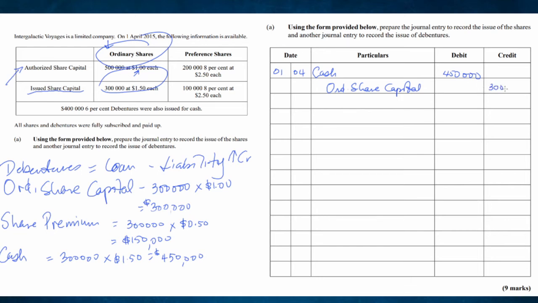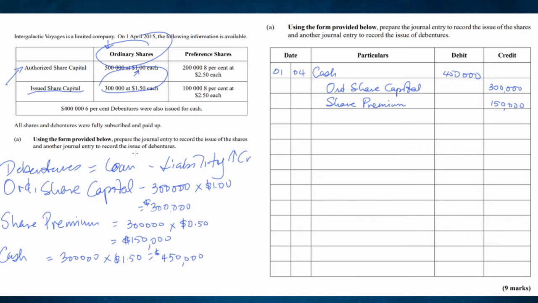Remember, this is always recorded at par value. And we have our share premium, and that amount we calculated to be 150,000. Always remember that when you're doing a journal entry, the total of your debits must equal the total of your credits. And this is exactly what we have here.